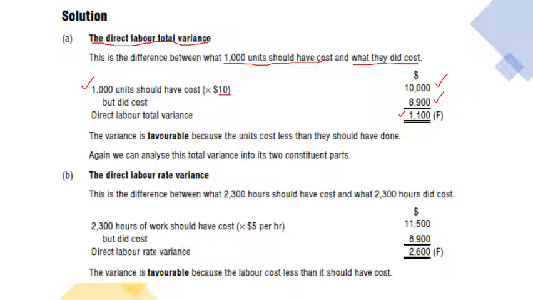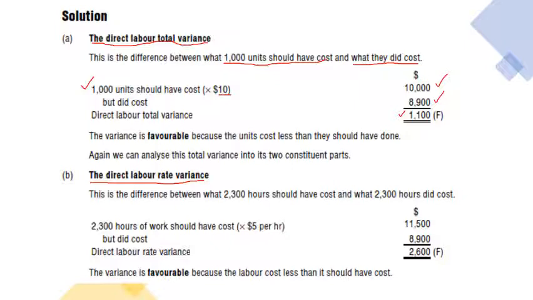Now if you divide this $1,100 to see in depth the reason for this favorable variance, it is divided into a labor rate variance and a labor efficiency variance. First, the labor rate is the rate per hour paid to the employees.